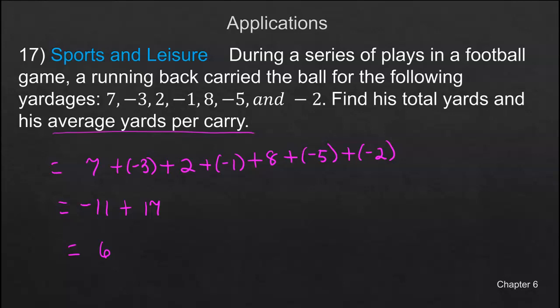There were 1, 2, 3, 4, 5, 6, 7. All right, 7 carries. So we're going to divide the 6 yards by 7, and the average was 6/7 of a yard. Now you can change that to a decimal if you want to. It would be 0.86 if you round it, yards per carry.